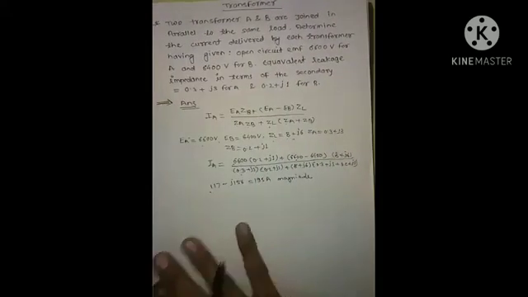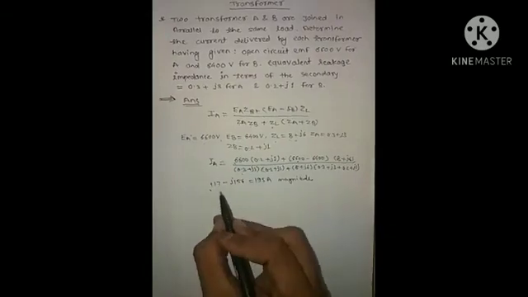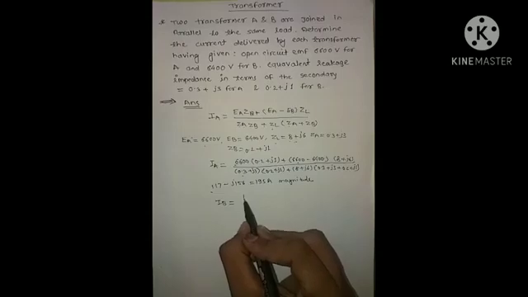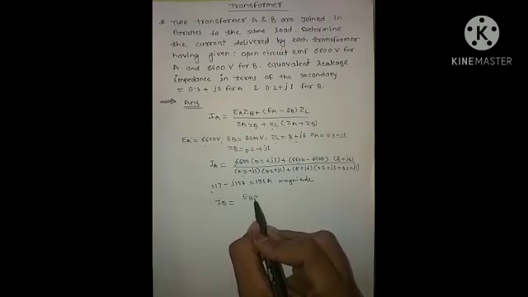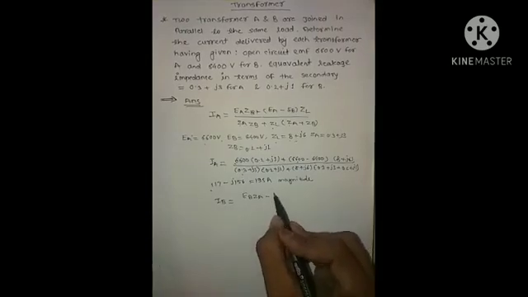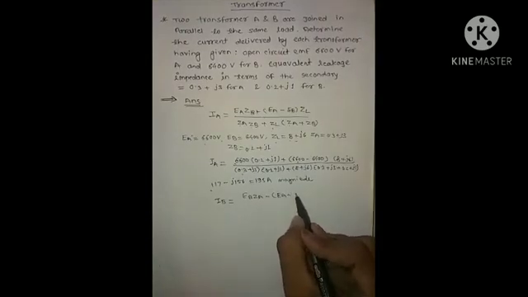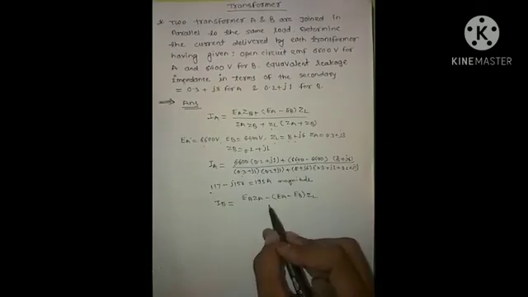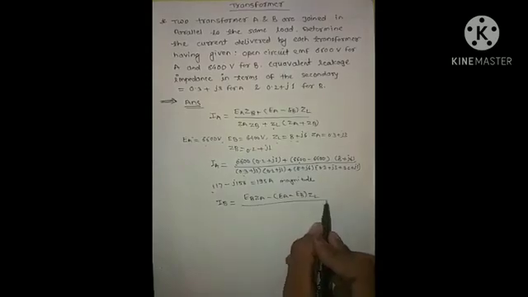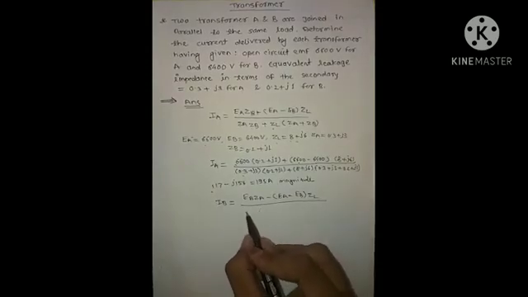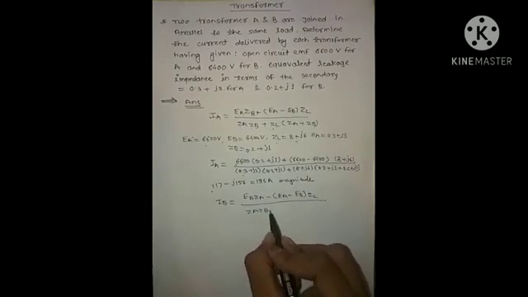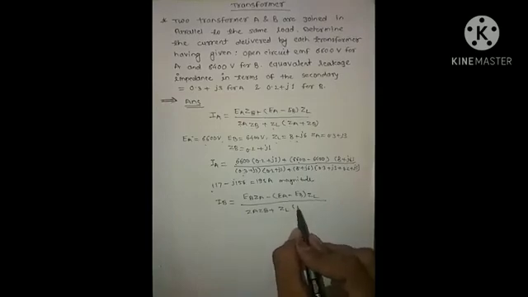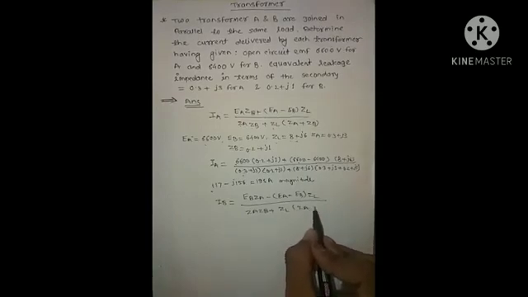Similarly, we solve for IB, the current for transformer B. The formula is EB ZA minus (EA minus EB) ZL, divided by ZA ZB plus ZL (ZA plus ZB).